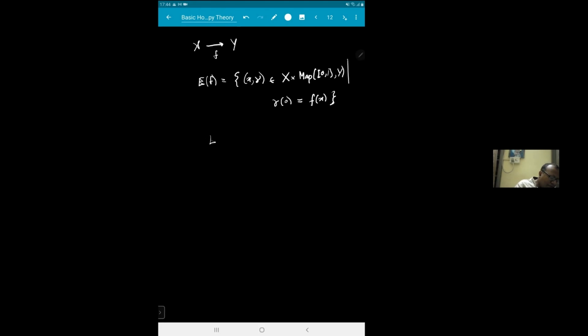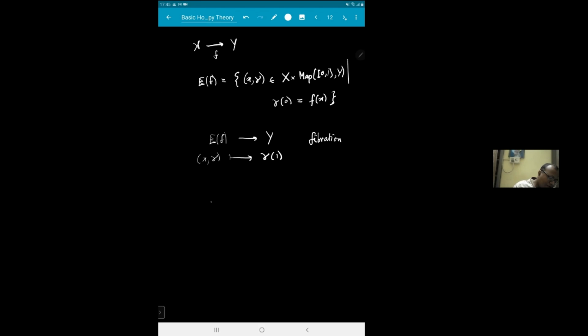Now I have a map from E of f to y, which takes (x, gamma) to the value at the other endpoint, gamma of 1. This is a fibration. It can be proved that this is a fibration.